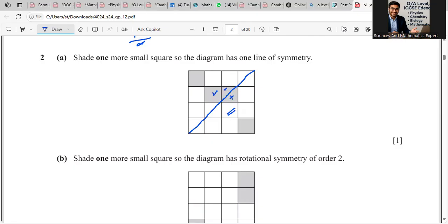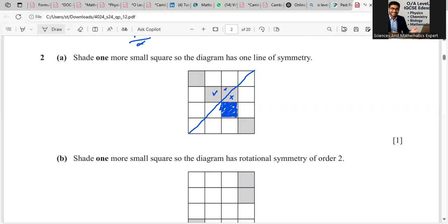If I shade this full box, it is exactly equidistant from this mirror line, so the block which I want to shade will be this one. So line of symmetry means the reflection of one side should be exactly the reflection of the other side.